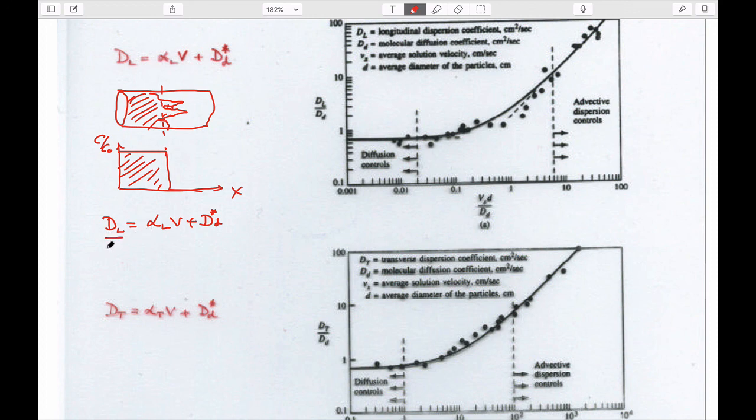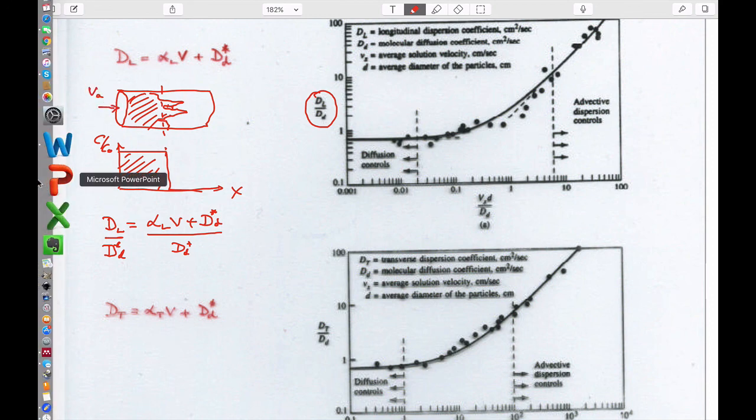And if we divide it by this diffusion coefficient, D sub d, then imagine doing an experiment where you took this core and you could change the magnitude of this advective velocity that you put things through with.